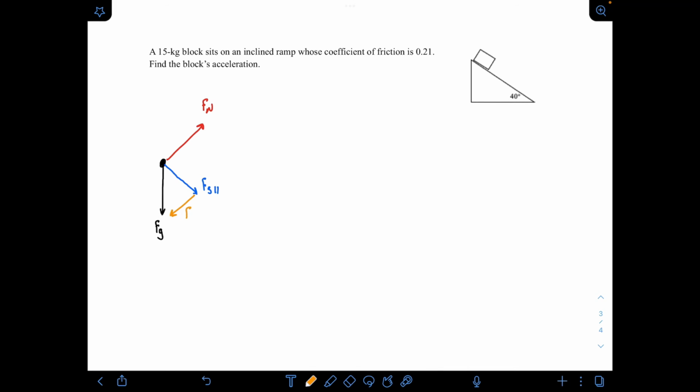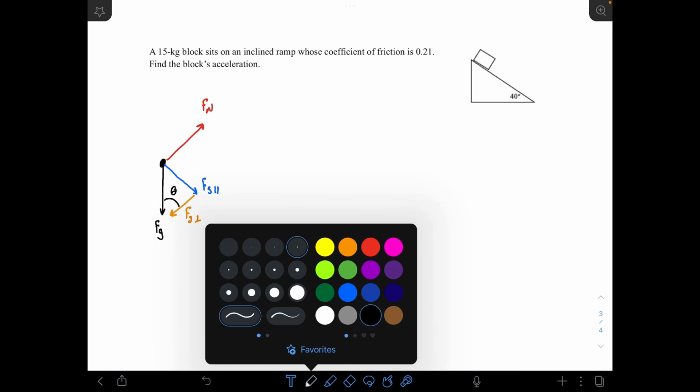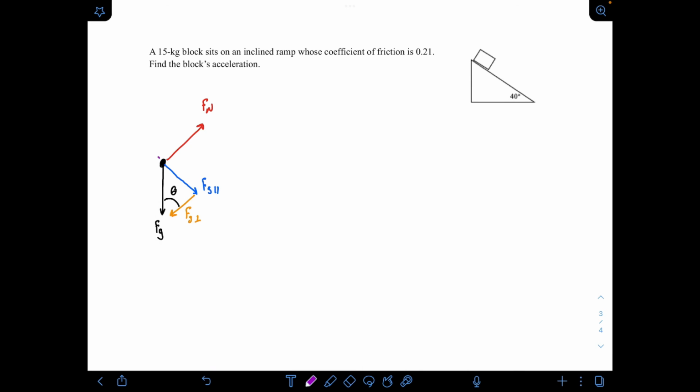The perpendicular chunk is going to go right here, the FG perpendicular. My theta is this angle here. And in this case, we're going to have this frictional force that's going to be pointing up the ramp. And again, up the ramp is going to be positive x and down is negative x.